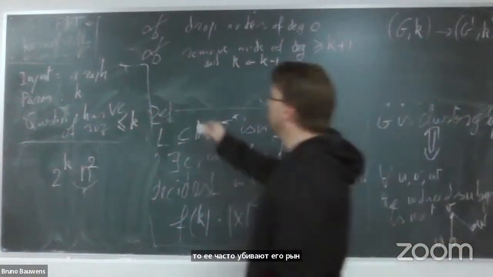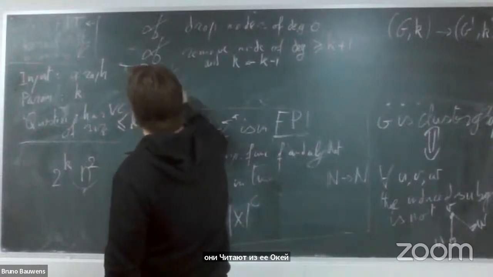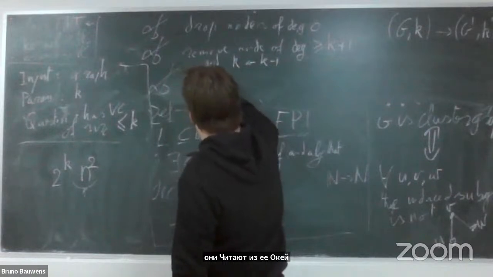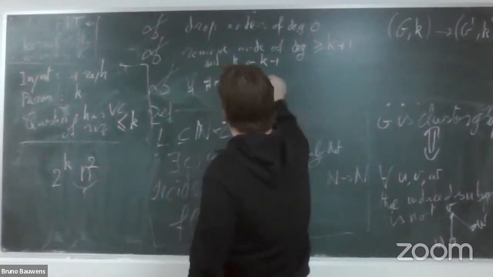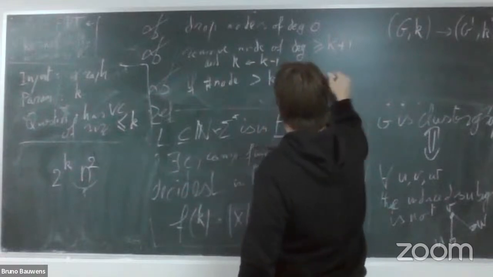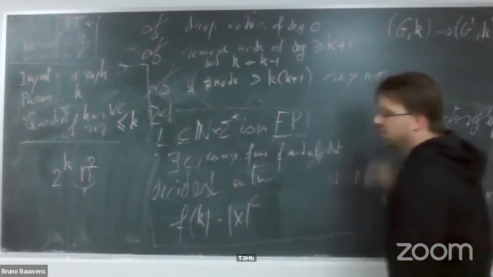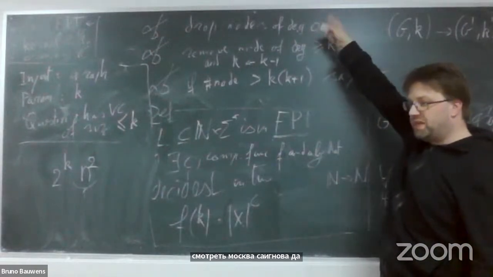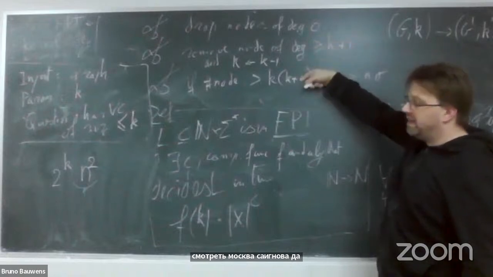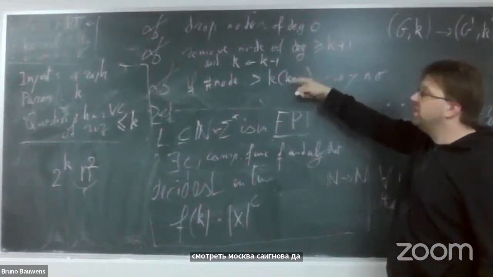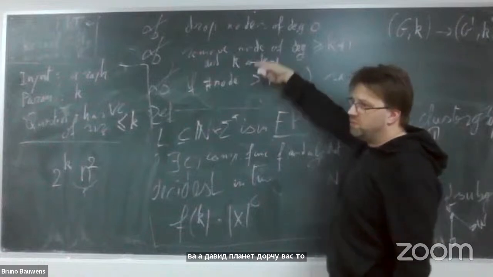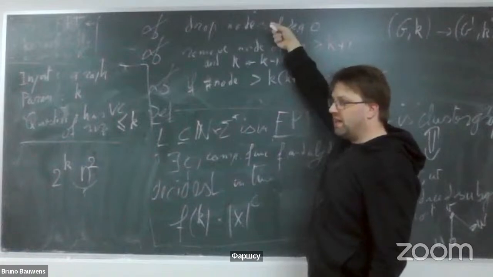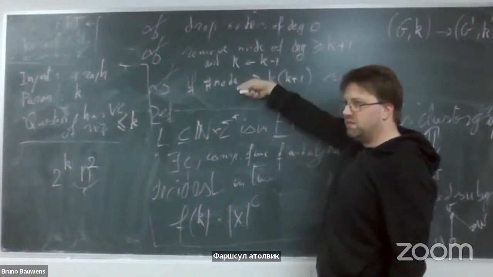Okay, and now the next rule: if the number of nodes is more than k times k plus 1, say no. We apply these rules until it's impossible. So we do the first rule until we can, then we apply the second rule, then again start from the top until we can, and so on.